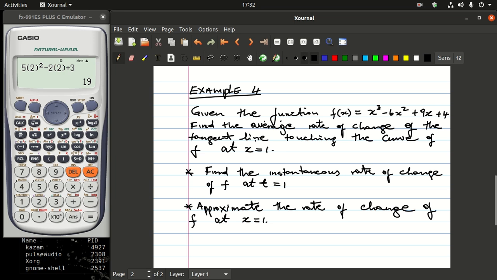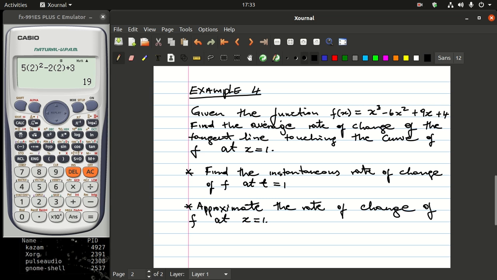So I want you to take note of this. Find the average rate of change of the tangent line touching the curve at this point here. You are given 1 point and they're saying average. So it is the average of that tangent line, but it's not the average of this function here.